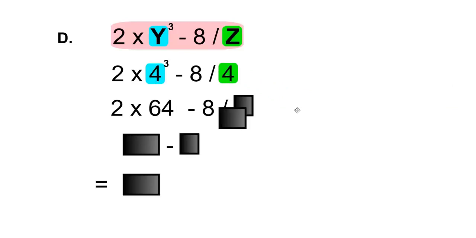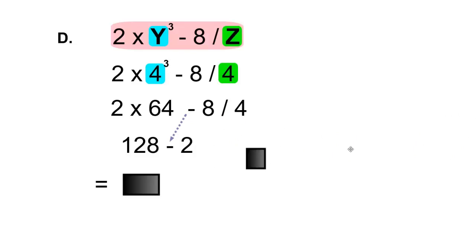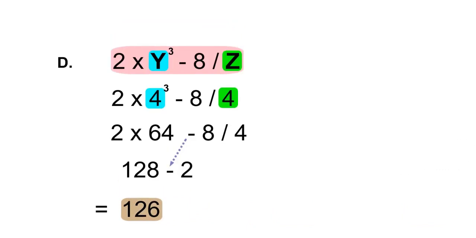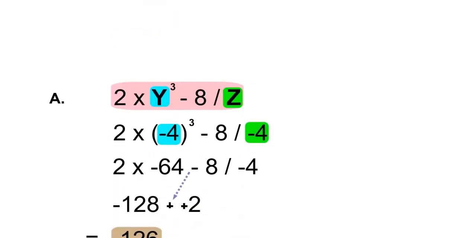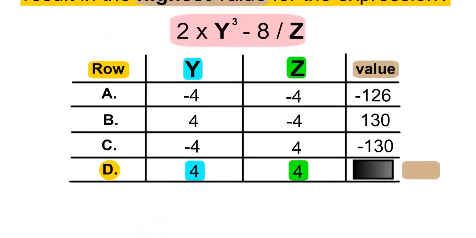Four to the power of 3 is 64. 2 times 64 is 128. Bring down the subtraction sign. 8 divided by 4 is 2. 128 minus 2 is 126. So the value for D is 126.